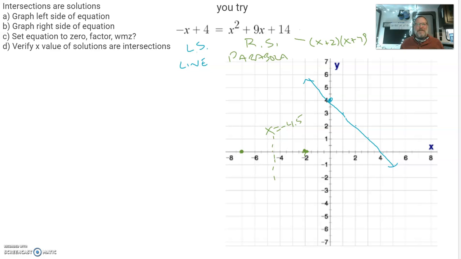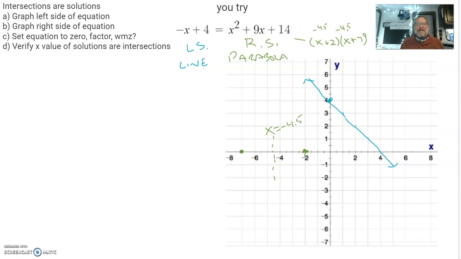If I plug -4.5 into the factored form, I can figure out what the y-coordinate of the vertex is. If you plug and chug the x value, that's the symmetry line, then you will get a y-coordinate. And that y-coordinate will be the vertex. It's called a turning point when you get to calculus.